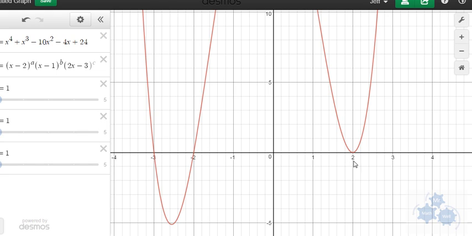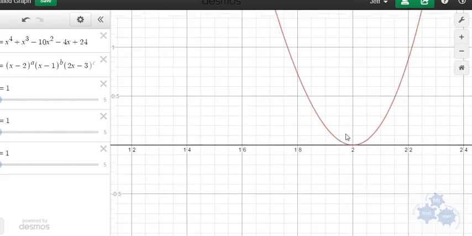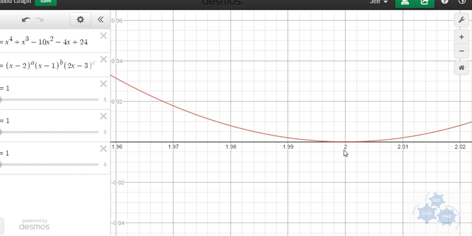And is this an intercept, do you think? Yes? Okay, most of you are saying yes. If we zoomed in a lot, it looks like, yes, it is touching the graph at x equals 2. It's kind of funny. It looks like it comes right down here and almost touches the graph, maybe it's touching here, maybe not. But it for sure is touching right here at x equals 2.